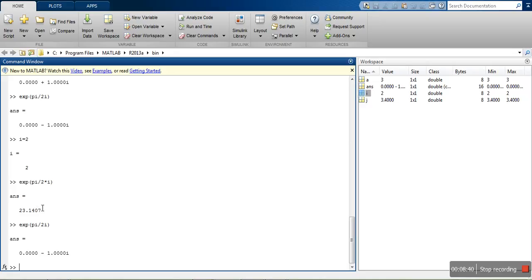So the value of that is 23.147, and in that case we have written 2i. So MATLAB interprets it as 2 multiplied by square root of -1. So this expression will give the value of pi by 1.54 divided by i. So this is the difference.